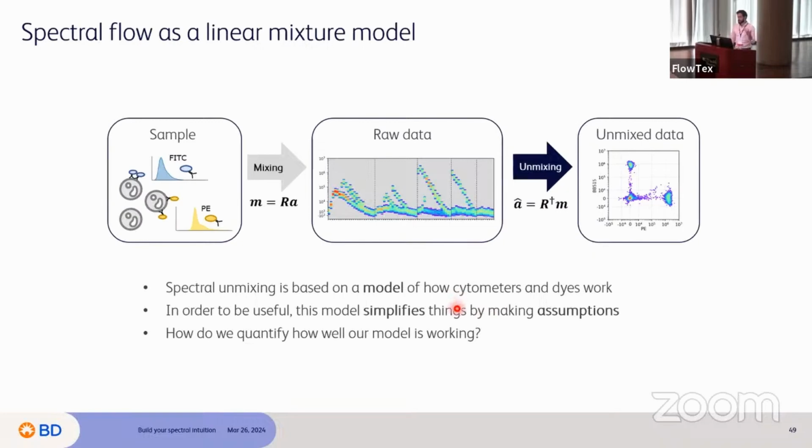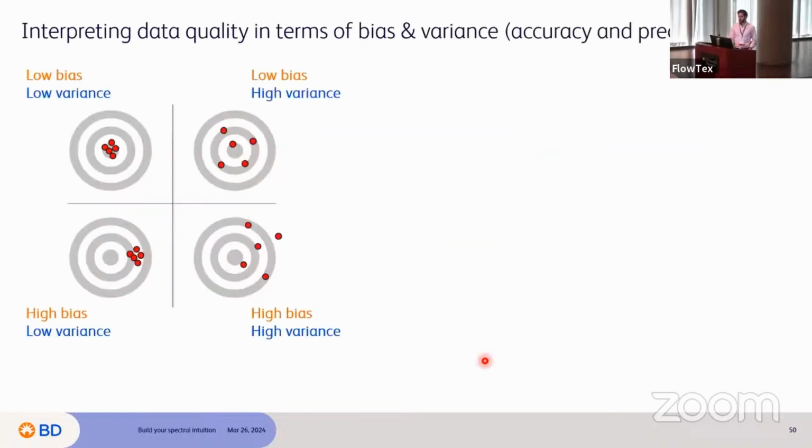So again, this linear mixture model, it's a way of describing pretty much correctly how a cytometer generates signals. In order to be useful, we're kind of leaving out some details by making certain assumptions. How can we quantify that those are correct, that we're actually doing the right thing? Those of you who have done some statistics or machine learning hopefully have heard of some of these concepts where we want to think about quantifying the quality of a model in terms of bias and variance, or we can also call these accuracy and precision, right?